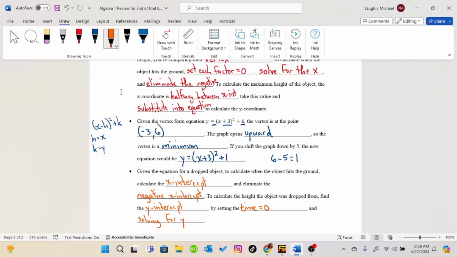Because if I haven't dropped it yet, no time has elapsed. Therefore, it will give me the height at the starting time of 0.